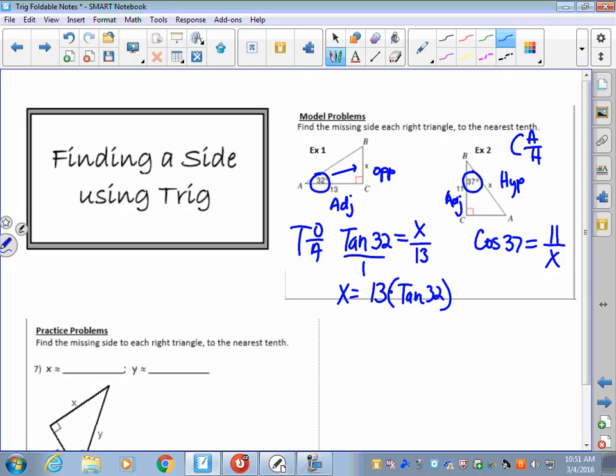Now do this with me because you need to notice there's a difference in this ratio. We put this over 1, and we're going to cross multiply. 11 equals X times cosine 37. Now we're solving for who? The X. So to get the X by itself, we're going to divide by cosine of 37.